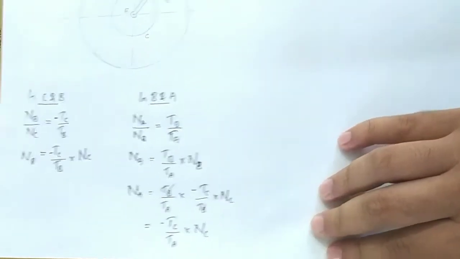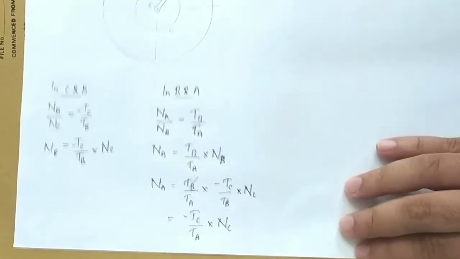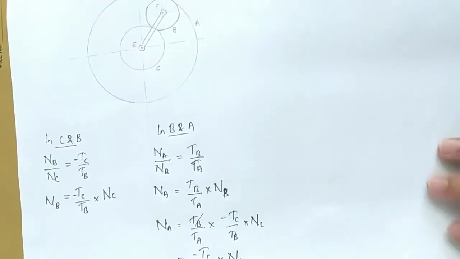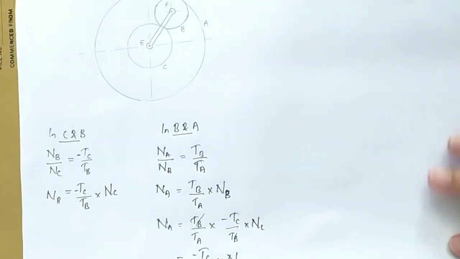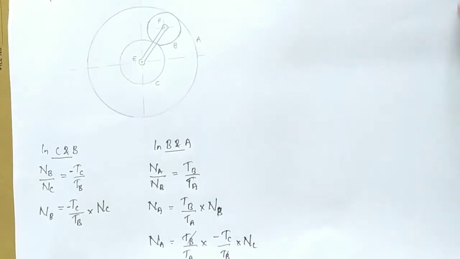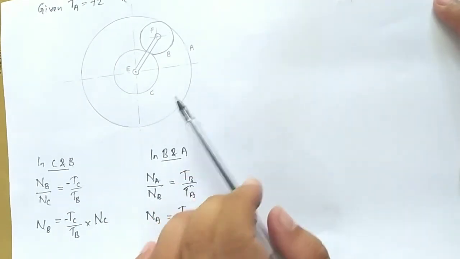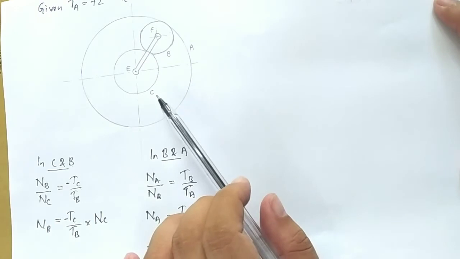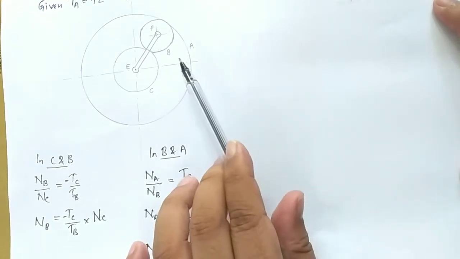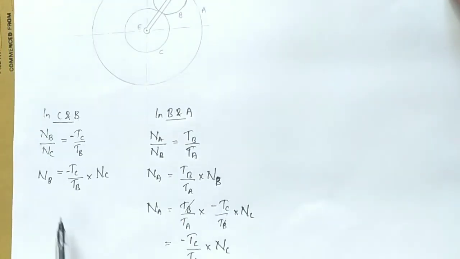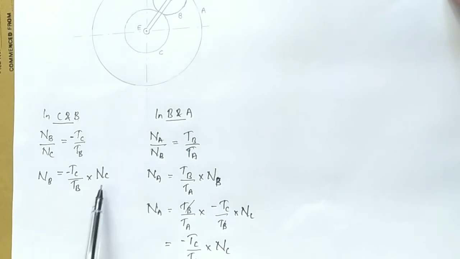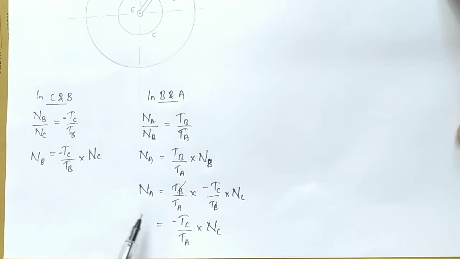So these two formulas you have to first find and keep. So this is the speed value you can get. You can see in the question what we have to find out here: the speed of C as well as the speed of B. If you want to find B, you can put this formula. You can get the value of the speed of B, and the speed of C also you can get.